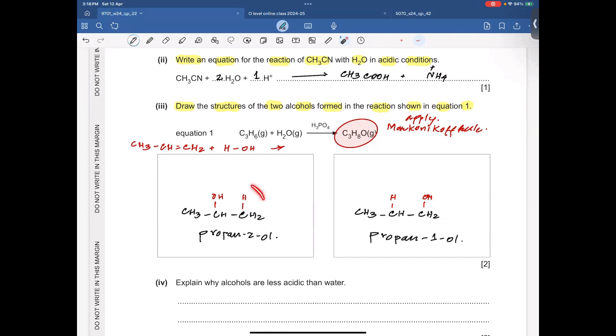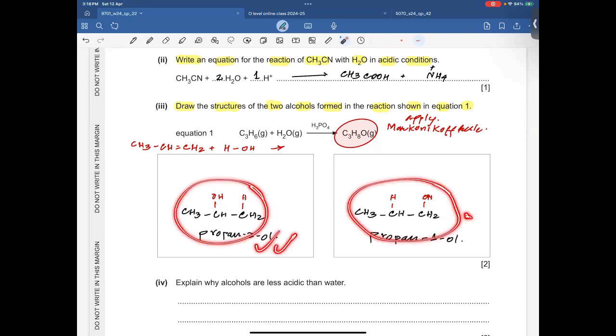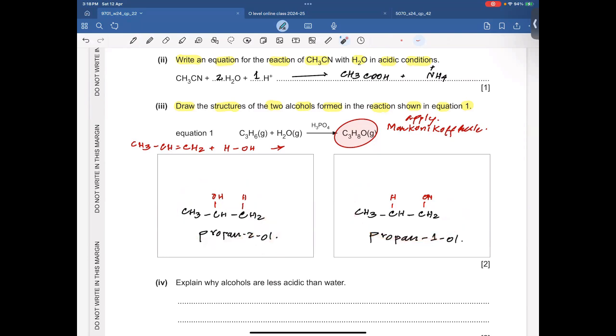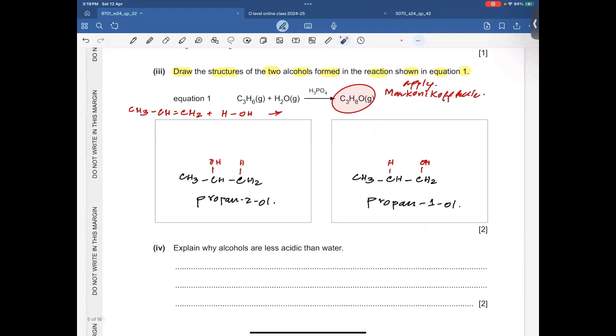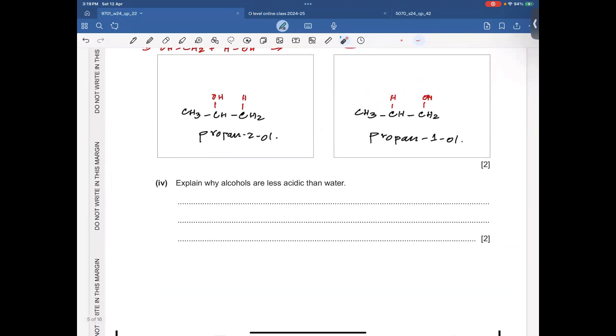So this product is formed by following the Markovnikov rule, this one is not formed by following the Markovnikov rule, which is why this product has greater yield as compared to this one. And you know Markovnikov rule always follows the stable carbocation criteria. All right. So we have made the structure on the basis of stability of the carbocations.